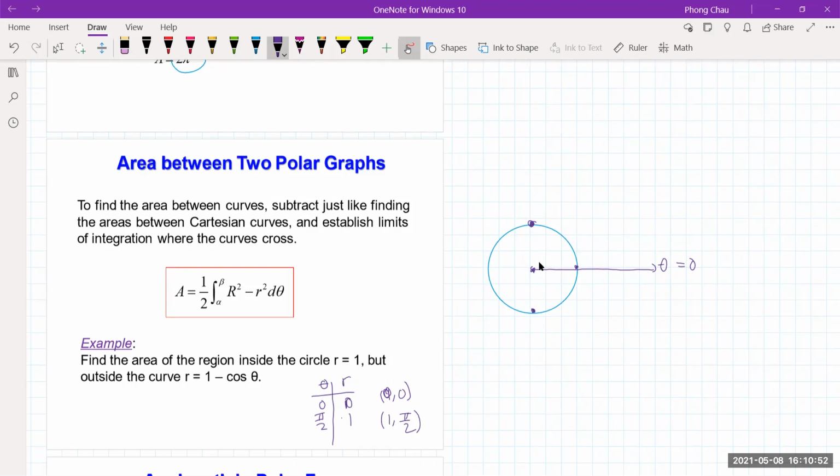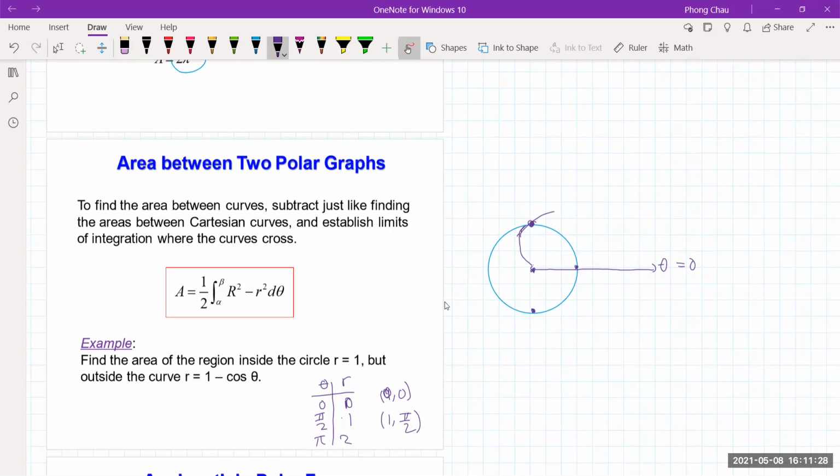I should use a calculator to sketch the graph instead of doing it manually. But I think just remember that cosine of pi is negative 1, and 1 minus negative 1 is 2.